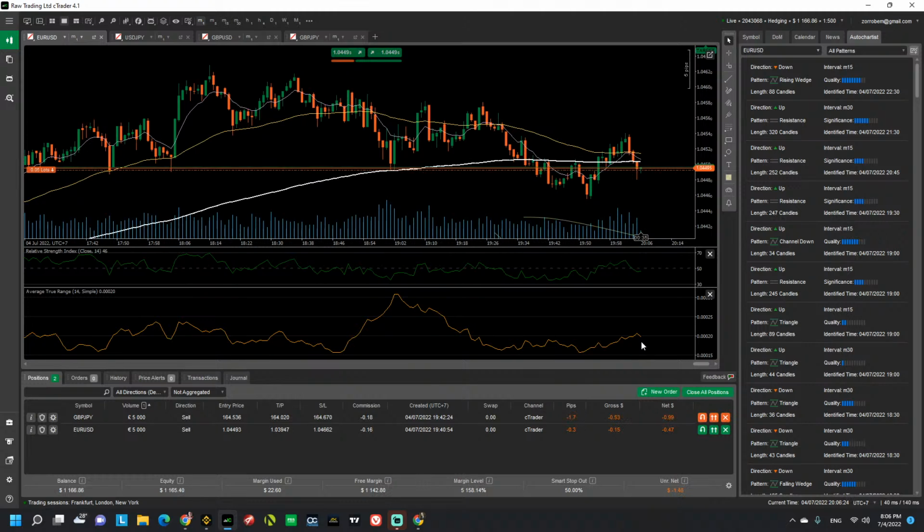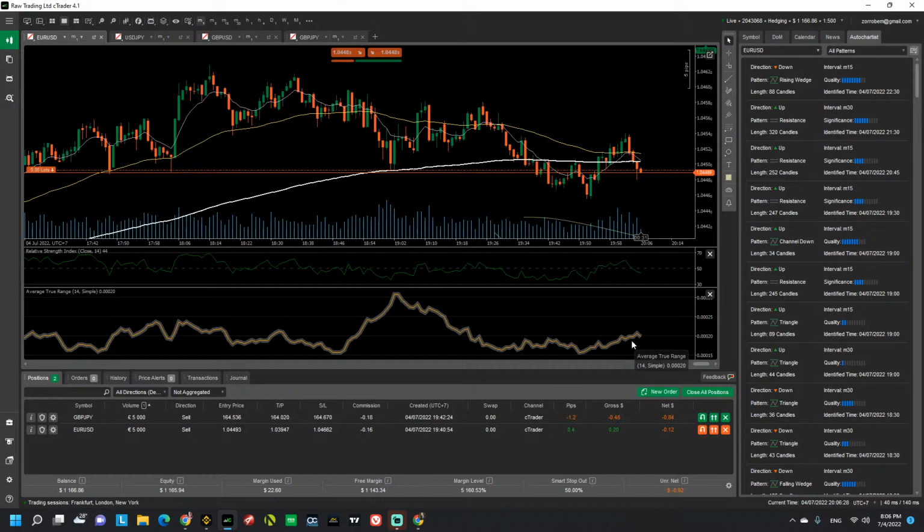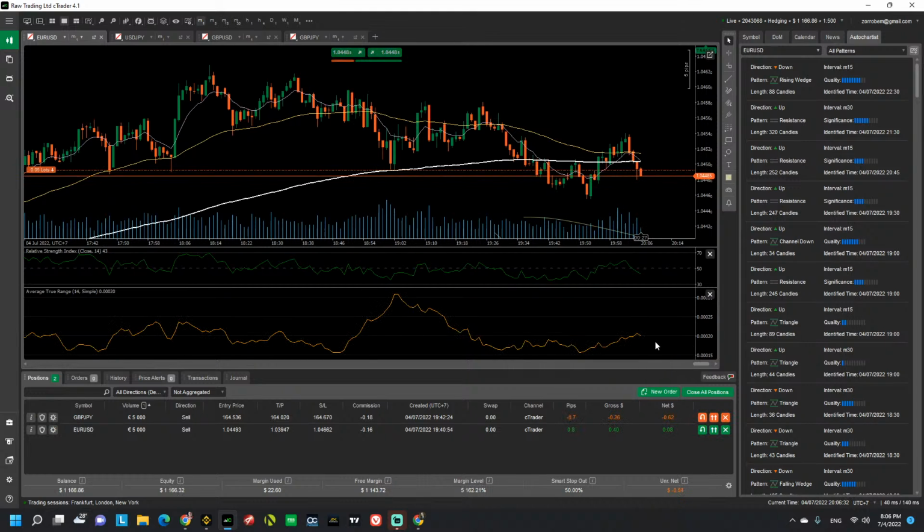So these are like lagging indicators because they tell you only after the candle has moved. So it doesn't predict future movements. It only reacts to the market.